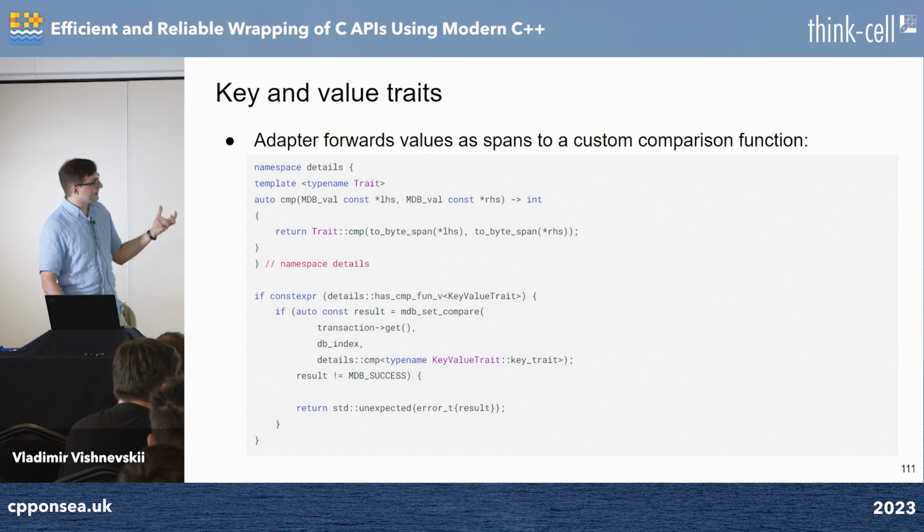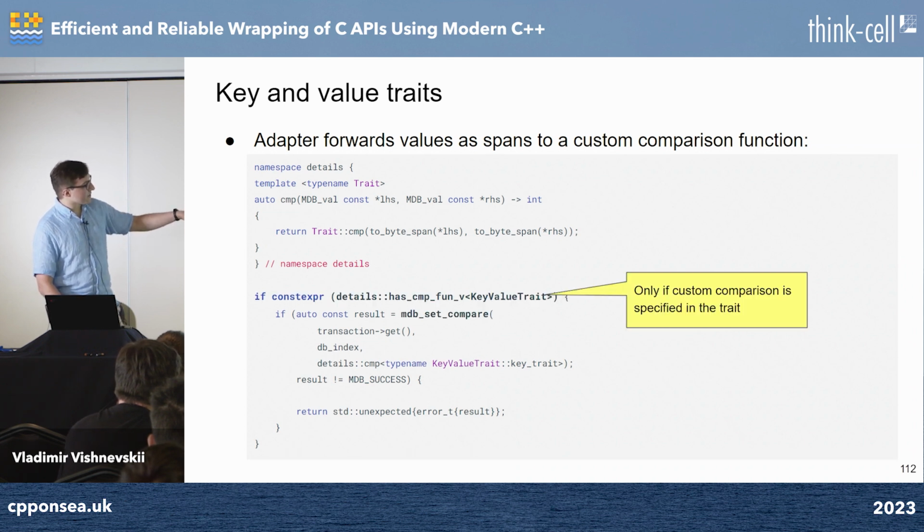We need to adapt the function provided by the client to be set up for LMDB. So first of all, we can check if this trait is present at compile time, and then call set compare, the API call to set this function, only if it is true.